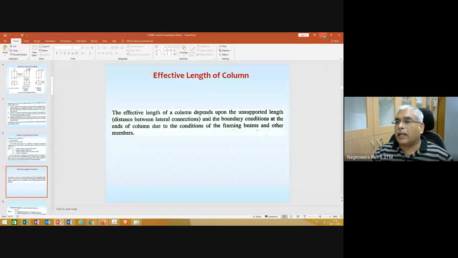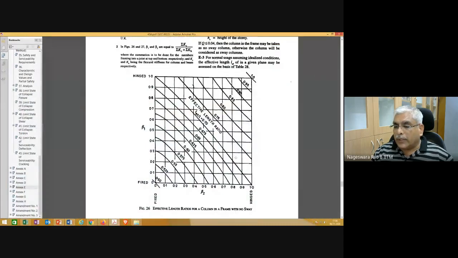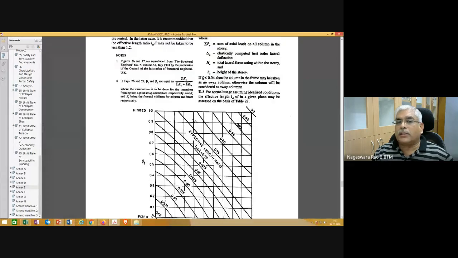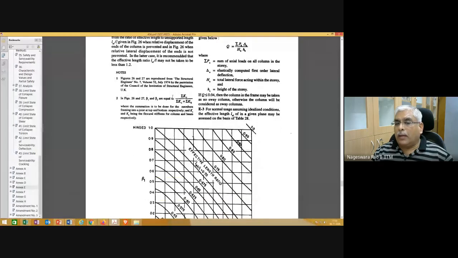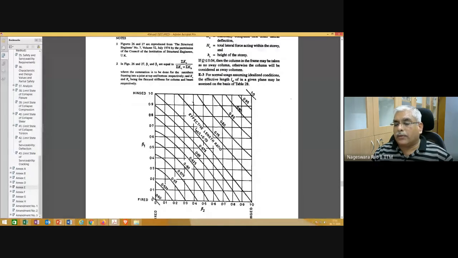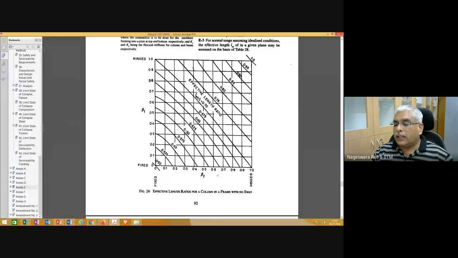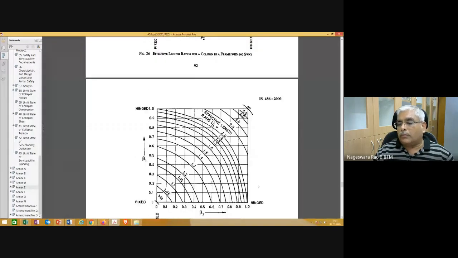This effective length ratio is defined as the effective length of the column to the unsupported length. What is that value? That depends on certain parameters, beta 1, beta 2, depending on whether the column is a no sway column or a sway column, a column which undergoes sway.